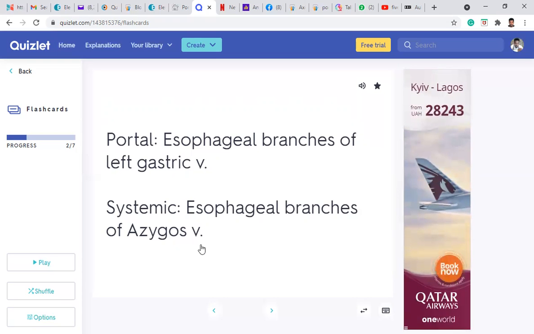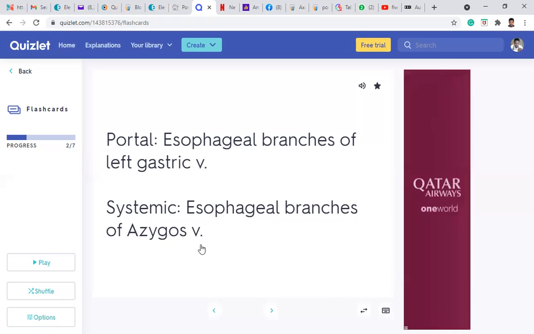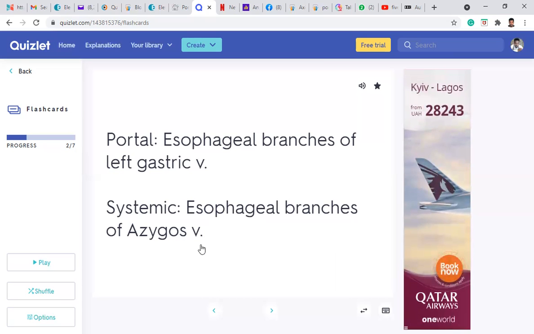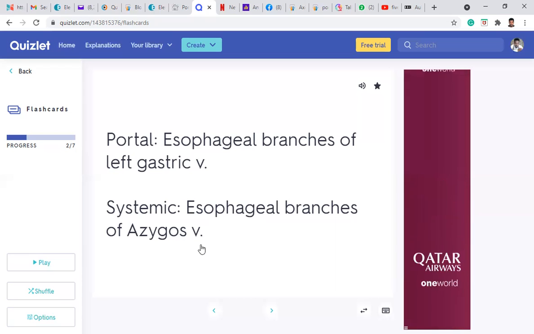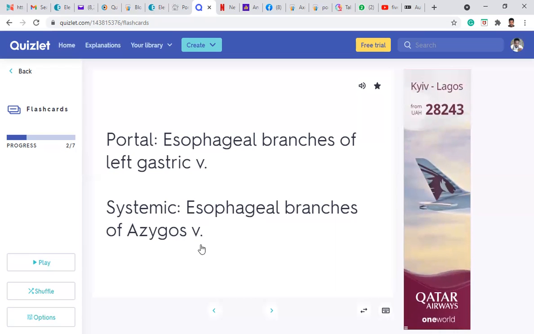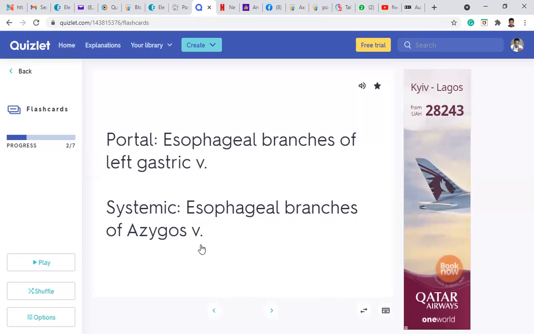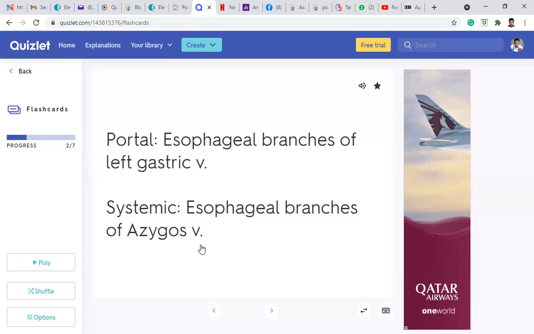I forgot to mention yesterday that there is also what we call post-hepatic or suprahepatic cause of portal hypertension. And that has to do with obstruction of or thrombosis of the hepatic vein. I mentioned thrombosis of the portal vein. I mentioned liver cirrhosis.